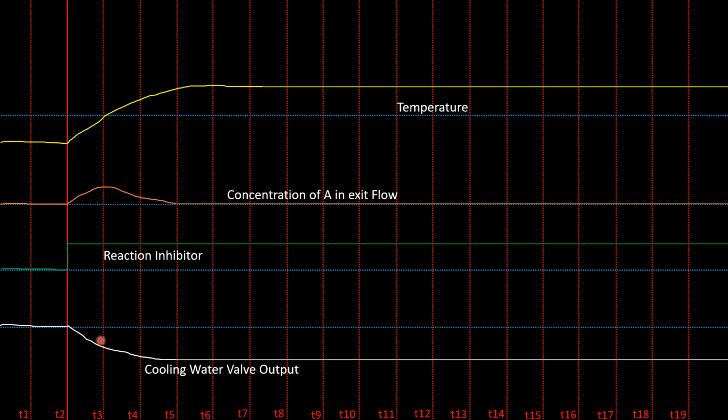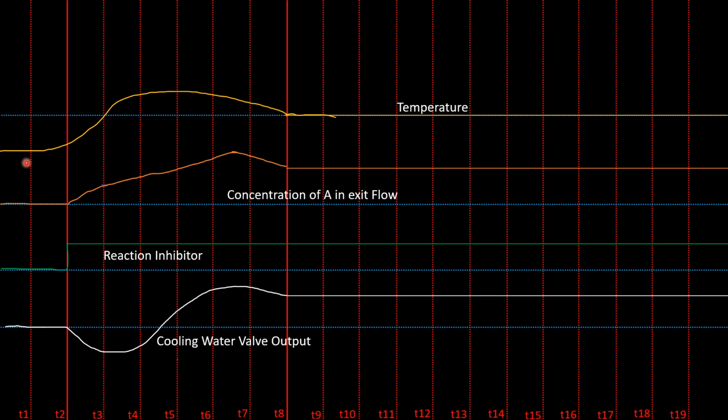However, if we decrease the amount of cooling water, we also know that we'll increase our temperature. So since we are decreasing controller valve output, our temperature is going to be increasing. In this case, it crosses the set point, but since we do not have an override controller enabled or configured within our DCS, the temperature is allowed to exceed its set point, which could potentially cause a runaway reaction.